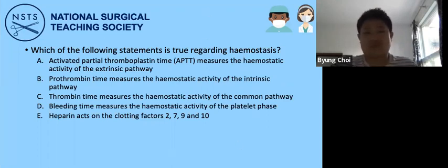Just over half of you who voted went for E, heparin acts on the clotting factors 2, 7, 9, and 10. Now, the correct answer in this one is C: the thrombin time measures hemostatic activity of the common pathway.